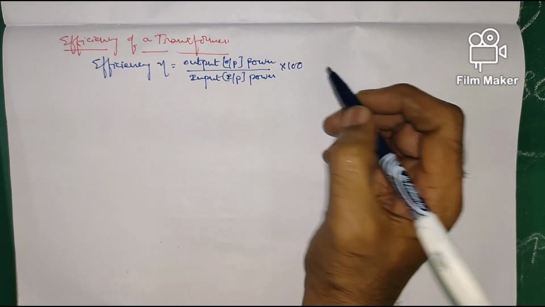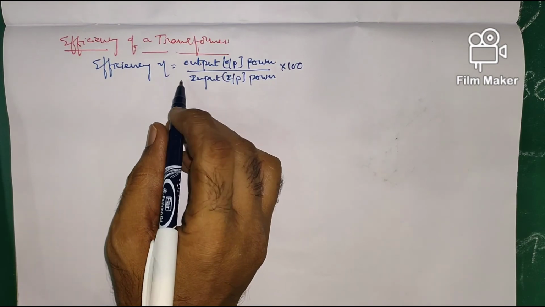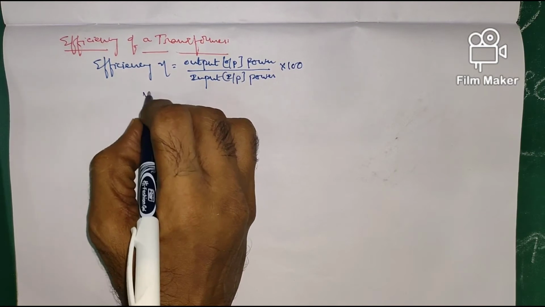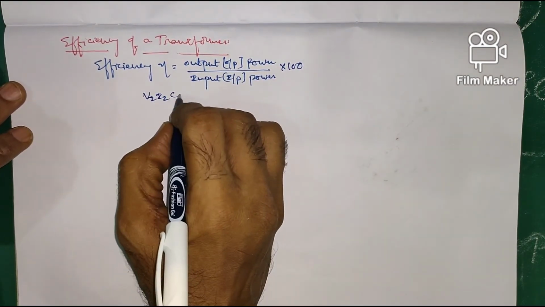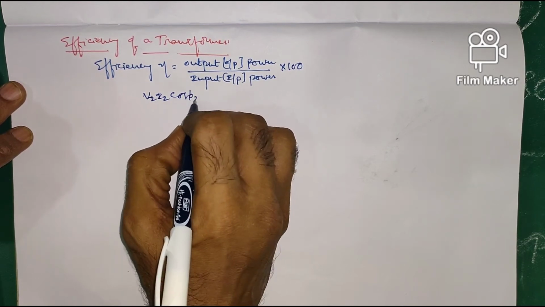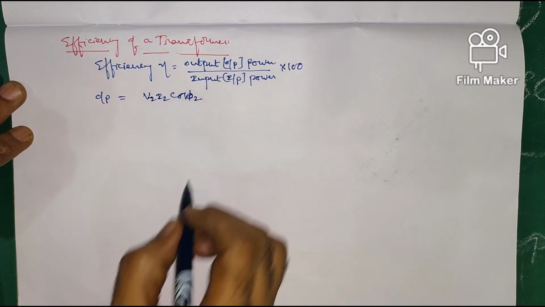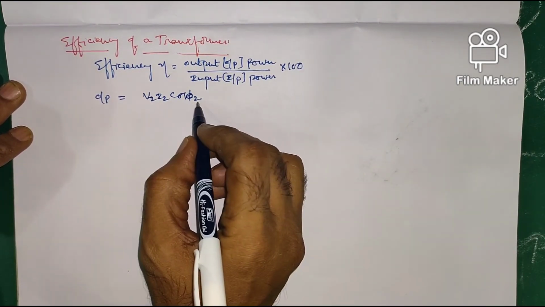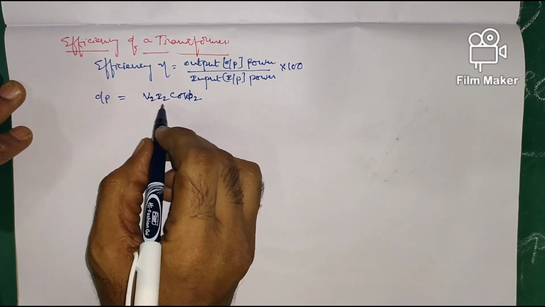Output power is represented as V2 I2 cos phi 2. This is the formula for calculating the output power in case of AC. V2 is the terminal voltage, I2 is the load current, and cos phi 2 is the power factor, where phi 2 is the phase angle between V2 and I2.